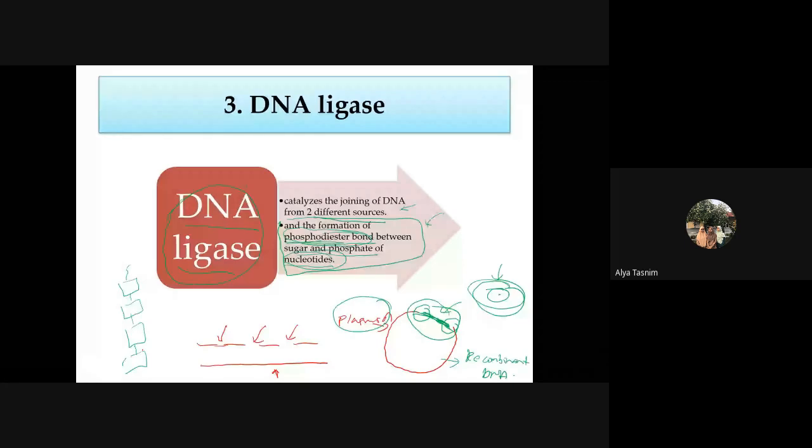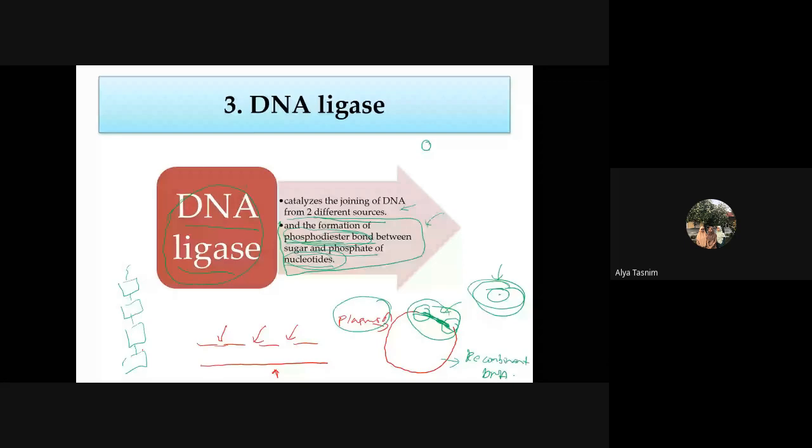So this is the basic reaction. How does it join the two DNA pieces? Recall how you form a peptide chain. The bond between the nucleotides is a phosphodiester bond. So you use DNA ligase to catalyze the formation of the phosphodiester bond between the nucleotides, between the phosphate and the sugar of the subsequent nucleotides.